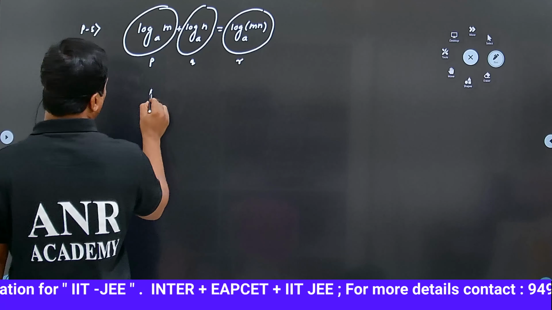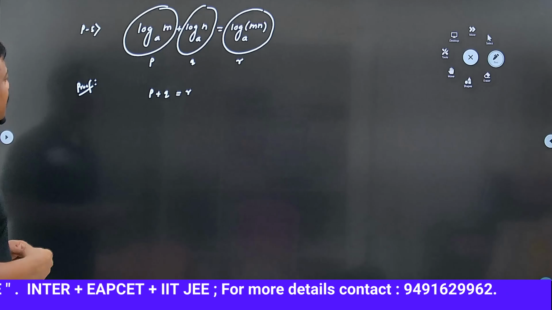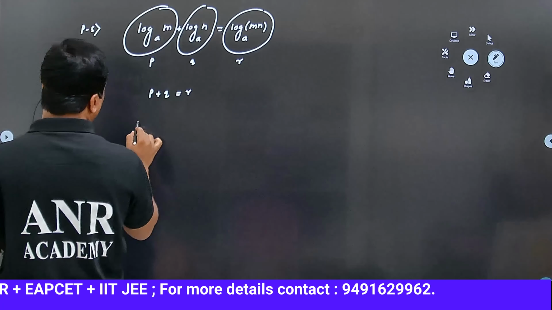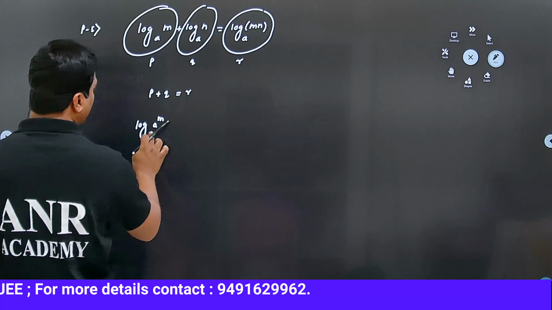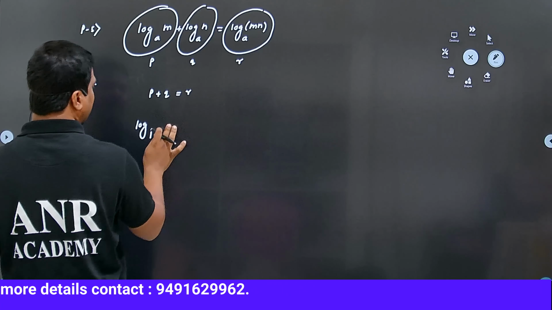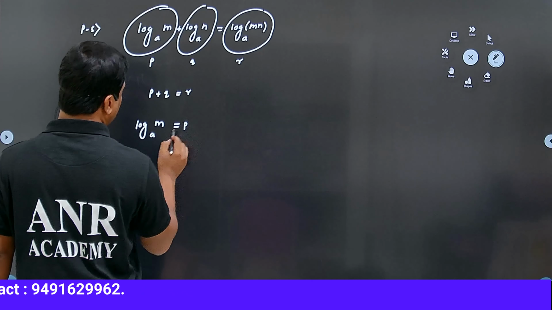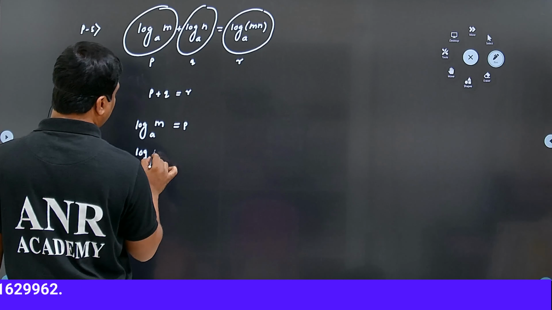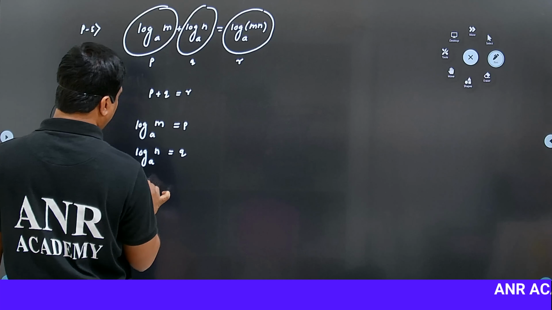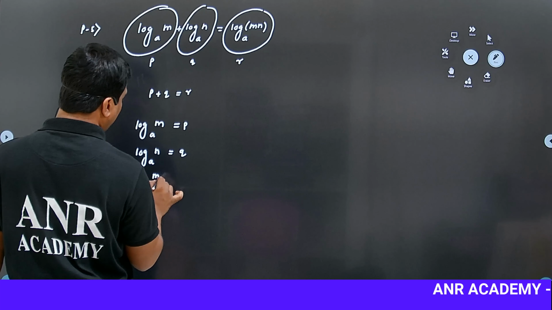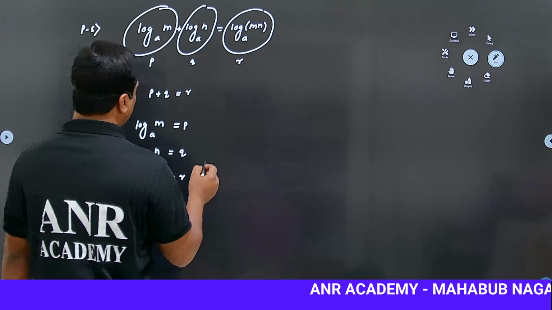So it is enough to prove that p plus q equal to r. When you select log m base a as p, and the left side's other term log n base a as q, and on the right part log mn to the base a, suppose it is equal to r.